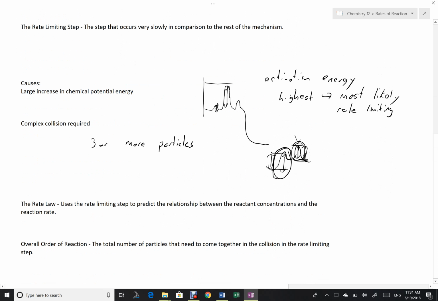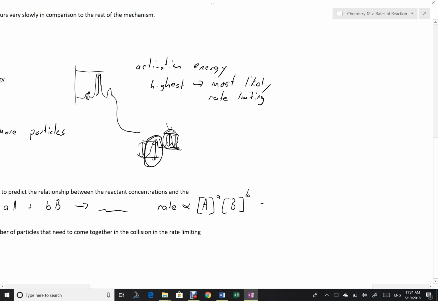If we have a rate limiting step of A species A and B species B going to whatever, then the rate law says that the rate will be proportional to the concentration of species A to the exponent a and the concentration of B to the exponent b. In the rate law, we only include initial reactants.